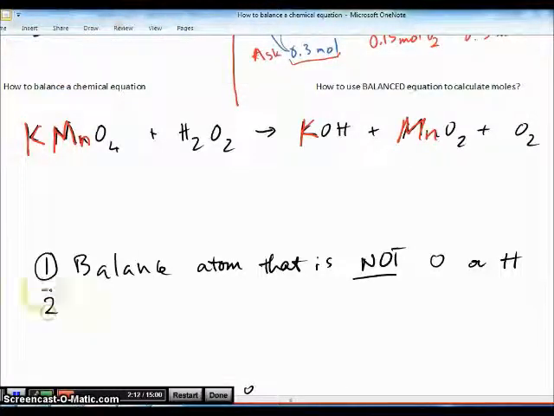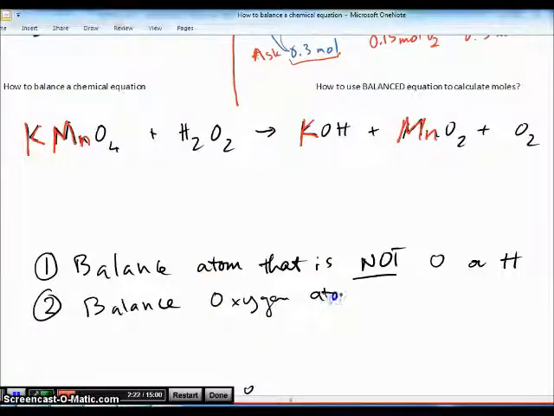Let's look at step 2. Step 2, you will balance oxygen atoms, so the O, and the trick is to use 1/2 if needed. Oh, what does that mean? Okay, I'll tell you in a second. So you have 4 oxygen over here, 2 oxygen over here.